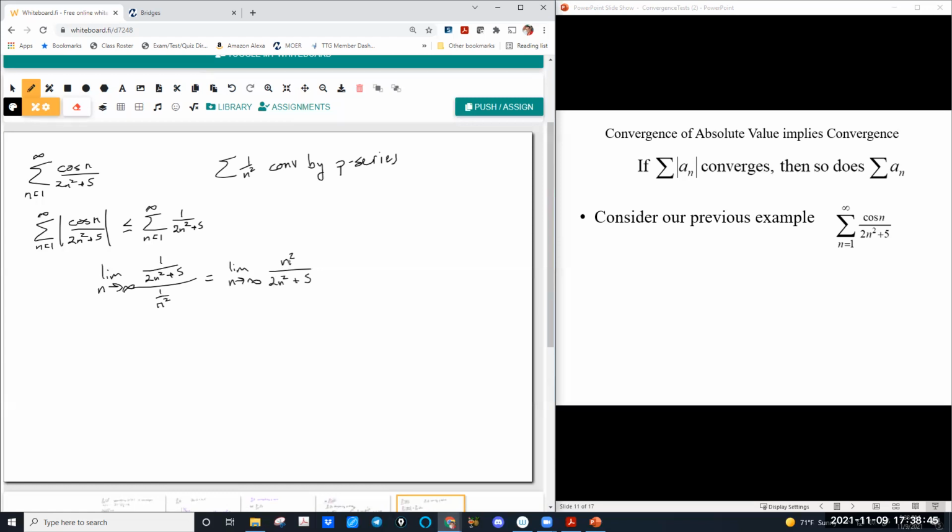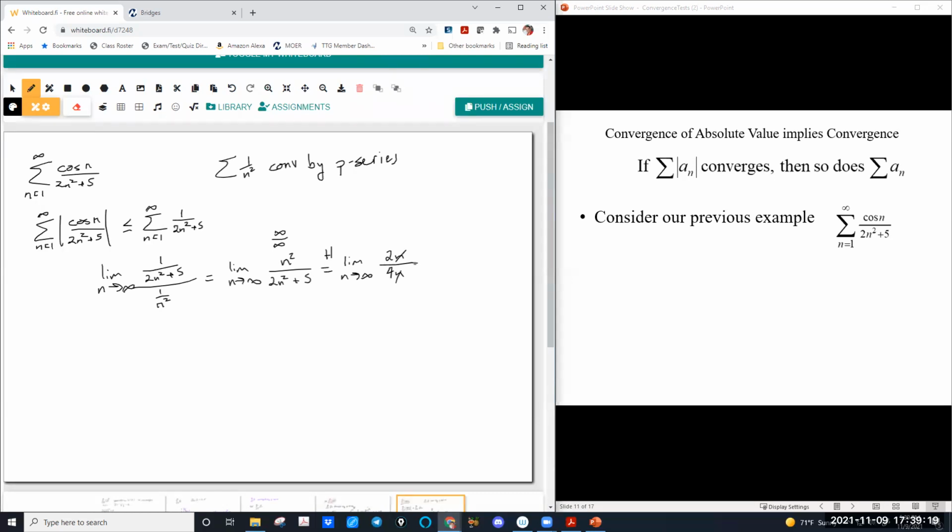Now, this limit can be calculated a couple different ways. One is we can say this is basically just a rational expression and identify its horizontal asymptote. But I want to give you a little more practice with L'Hopital's because n squared goes to infinity and 2n squared plus 5 goes to infinity, so this is another infinity over infinity case. We can apply L'Hopital's. The limit as n goes to infinity, we have 2n over 4n plus 0.